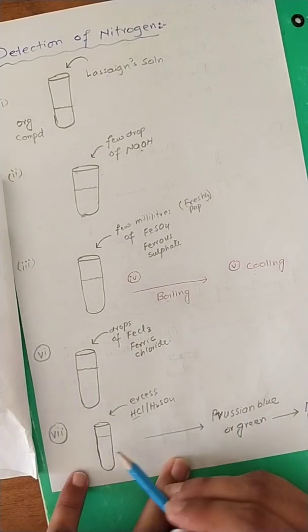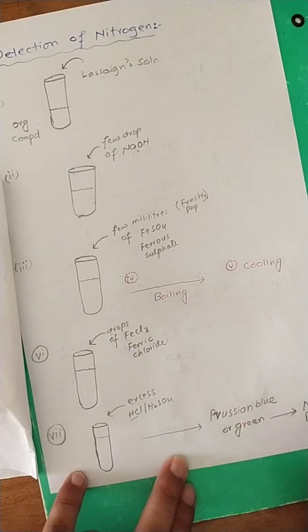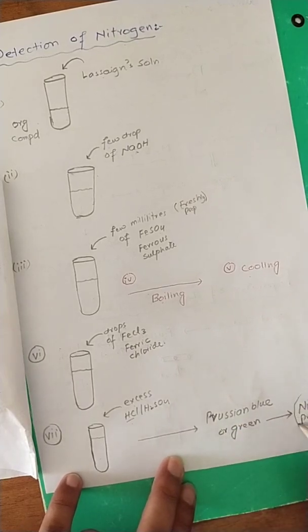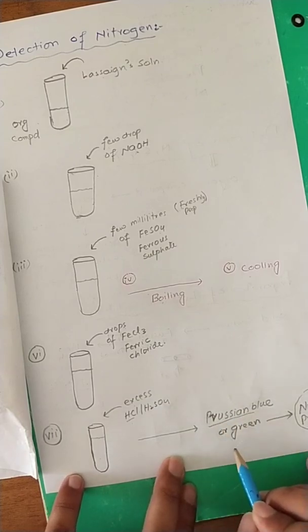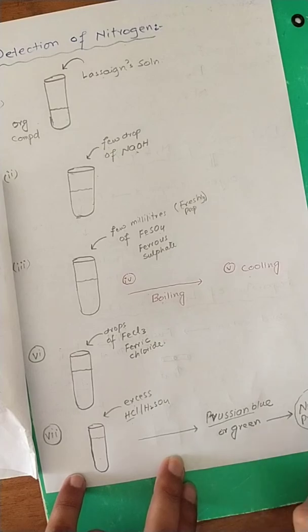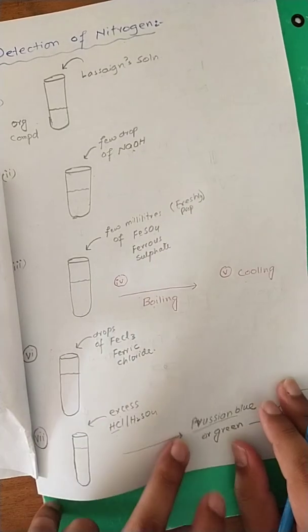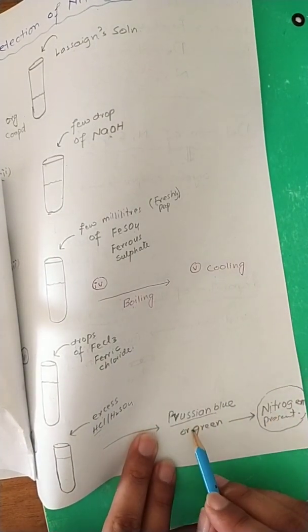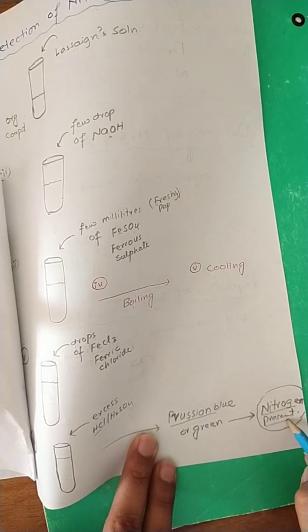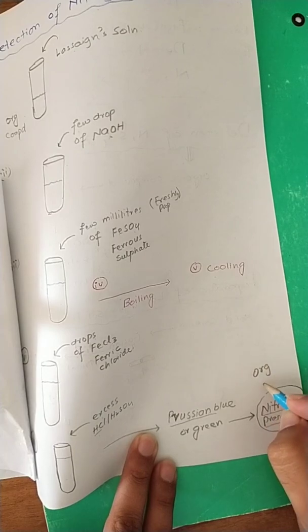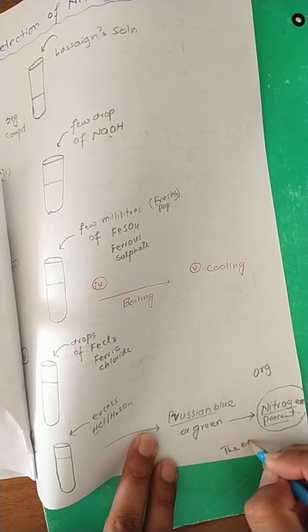If the solution color changes into green or Prussian blue, then it means that the organic compound contains nitrogen. If the color is not green or Prussian blue, it means that nitrogen is absent. Thank you.